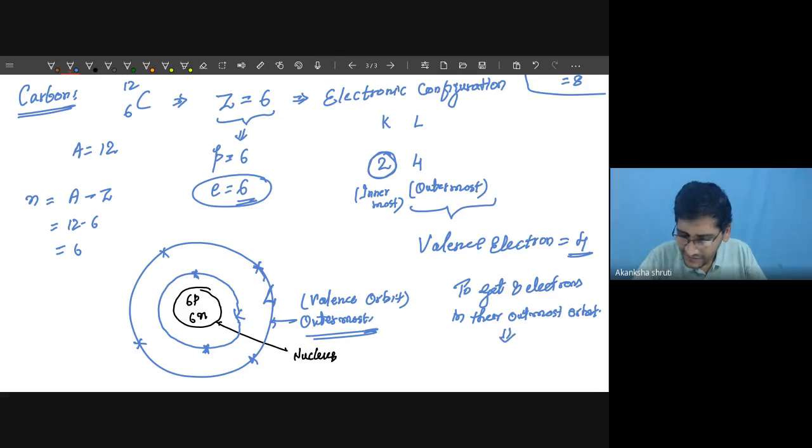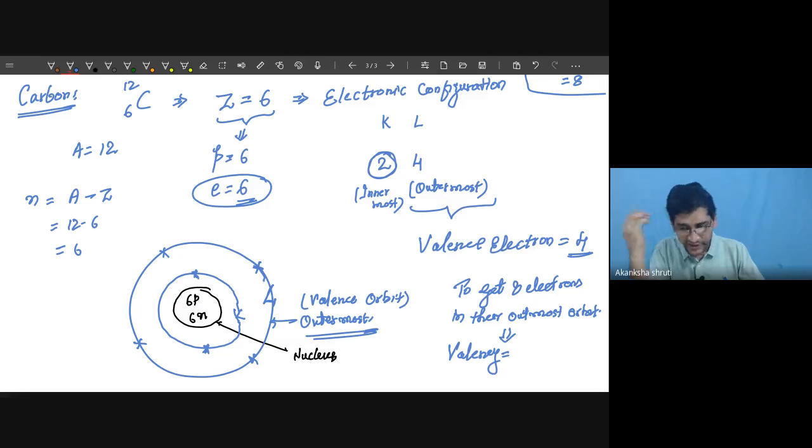This implies valency is how many more electrons are required to become an octet, that is, for the outermost orbit to have 8 electrons. Here 4 is already present.